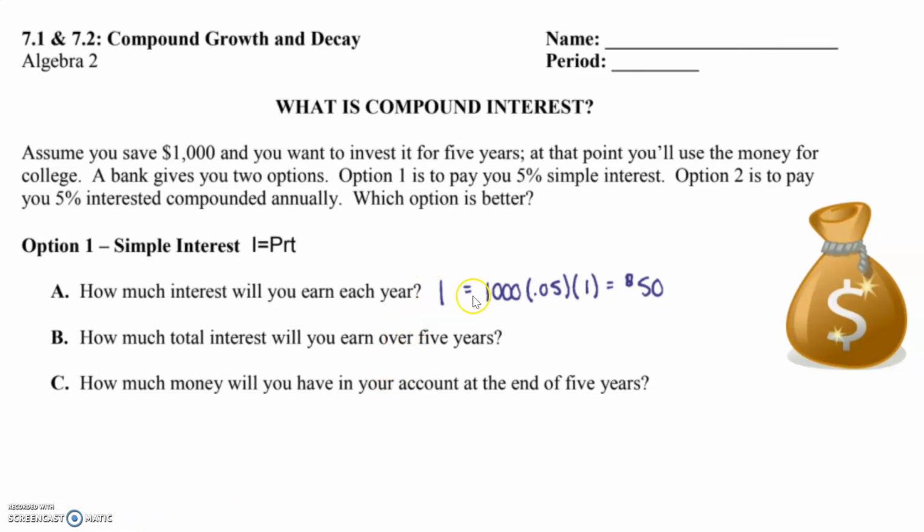Our I here, our interest is $1,000 times 0.05 times 1. Over 1 year, it's $50 for a year. Over 5 years, so multiply that by 5. That's going to be $250. Simple interest calculation. So at the end of the 5 years, I have $1,250.